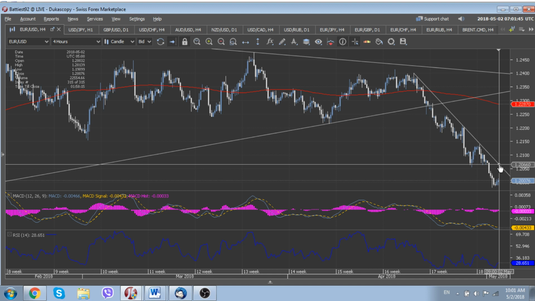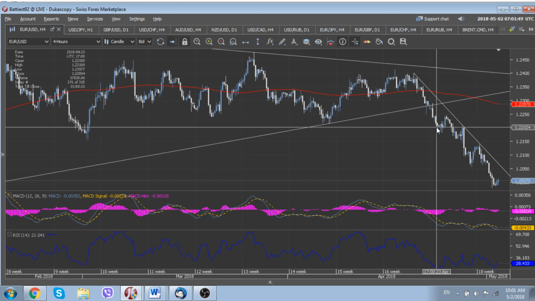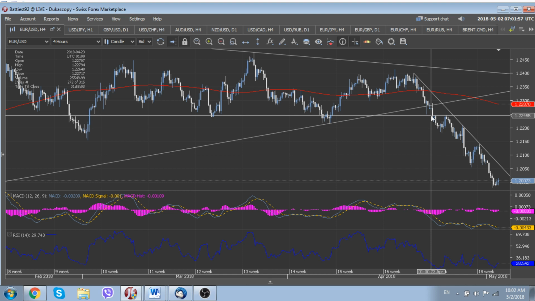And from that point of view, probably the first reliable resistance to the upside is located around 122.10, 122.45. While below these two levels, we suggest that the euro dollar should remain under downside pressure.